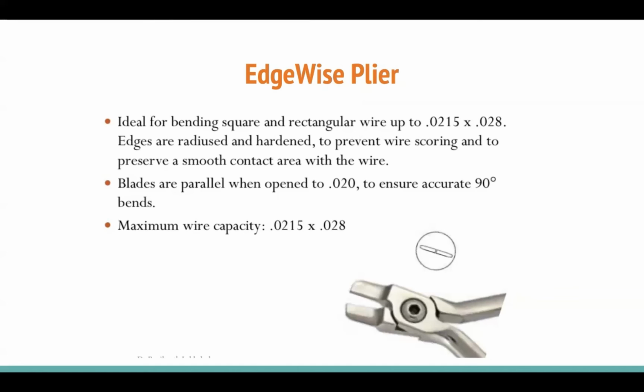The blades are parallel when open and ensure an accurate 90-degree bend, which we need in first, second, third order bends. So ideally, we can use this plier for up to 18 by 25 stainless steel wire.